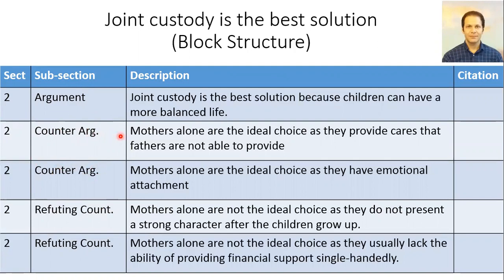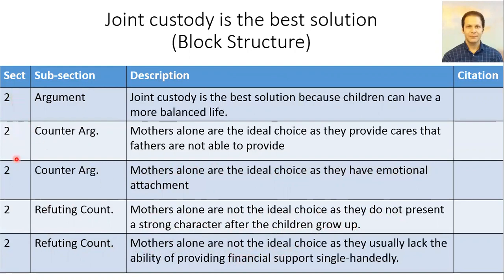So the counter argument, mothers alone are the ideal choice as they provide cares that fathers are not able to provide. The second counter argument, mothers alone are the ideal choice as they have emotional attachment. And then I refute them, mothers alone are not the ideal choice as they do not present a strong character after the children grow up. Also, mothers alone are not the ideal choice as they usually lack the ability of providing financial support single-handedly.